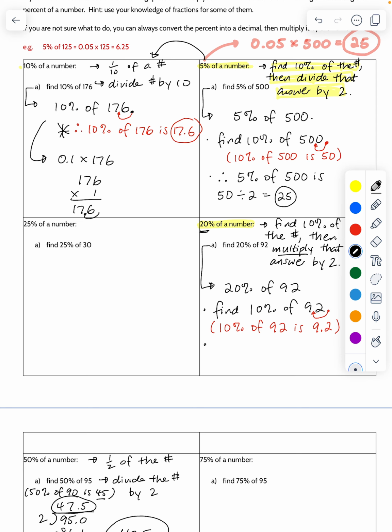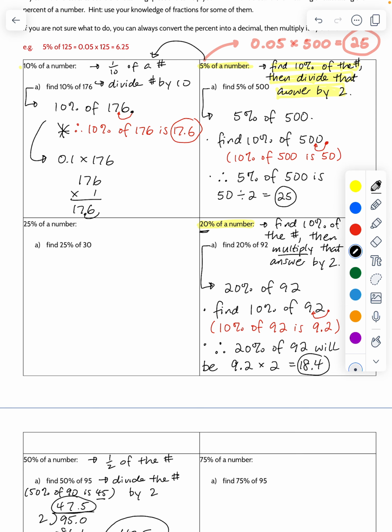Therefore, 20% of 92 will be, I'm running out of room here, you're going to take 9.2 and multiply it by 2, which equals 18.4.